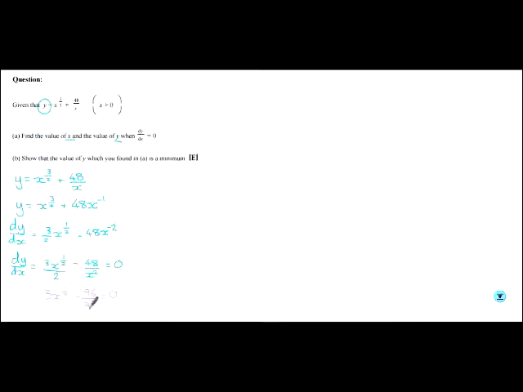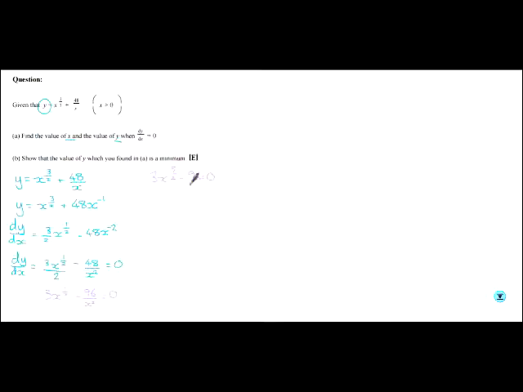If we do the same here with the x squared, what I'm actually going to have is 3x. However, we're now multiplying the same base value, so we can add these powers. So 2 plus 1/2 is 2.5, or 5 over 2. That leaves us with minus 96 is equal to 0.